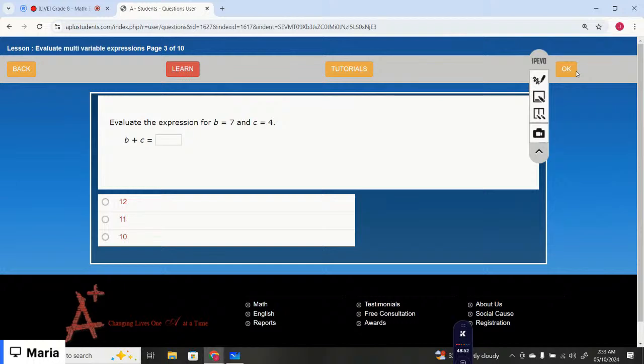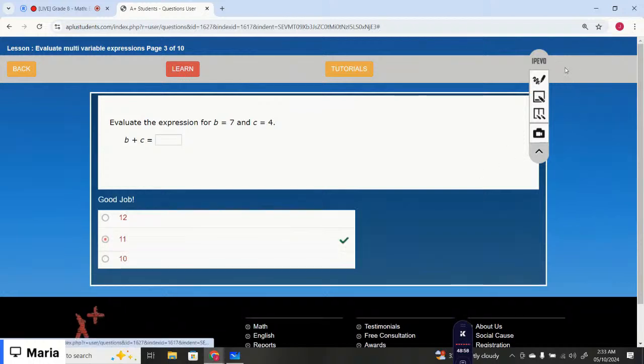Yes, that is 7 plus 4, 11 it is. Option number 2 is the correct option.